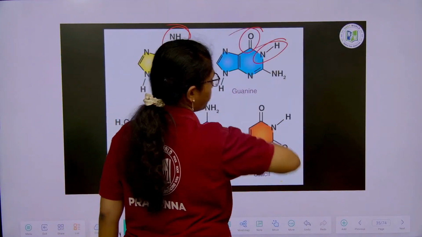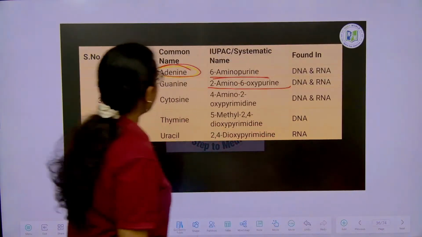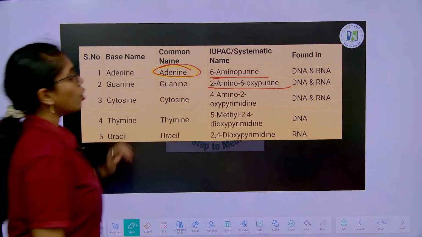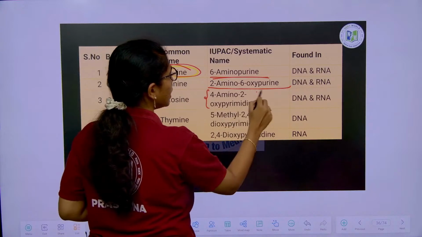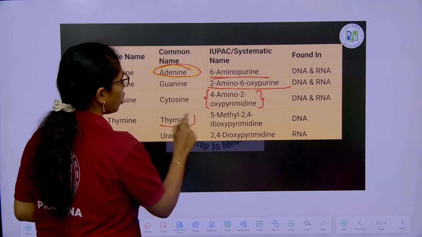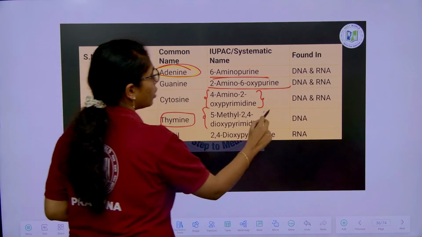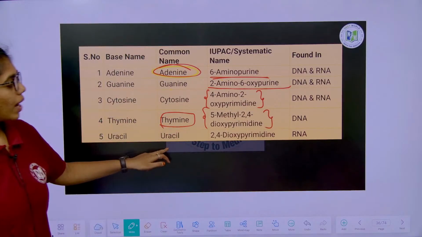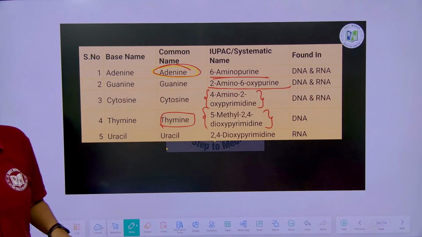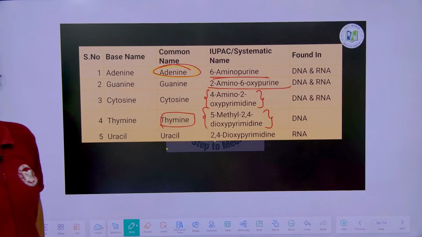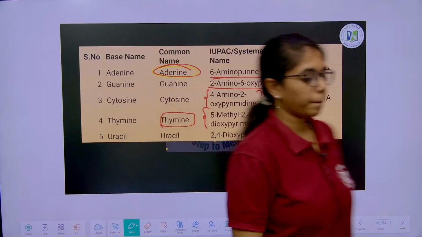Then cytosine is also known as 4-amino 2-oxypyrimidine. Thymine is also addressed as 5-methyl 2,4-dioxypyrimidine. Uracil is 2,4-dioxypyrimidine. Right? Synonyms should be there with everybody.